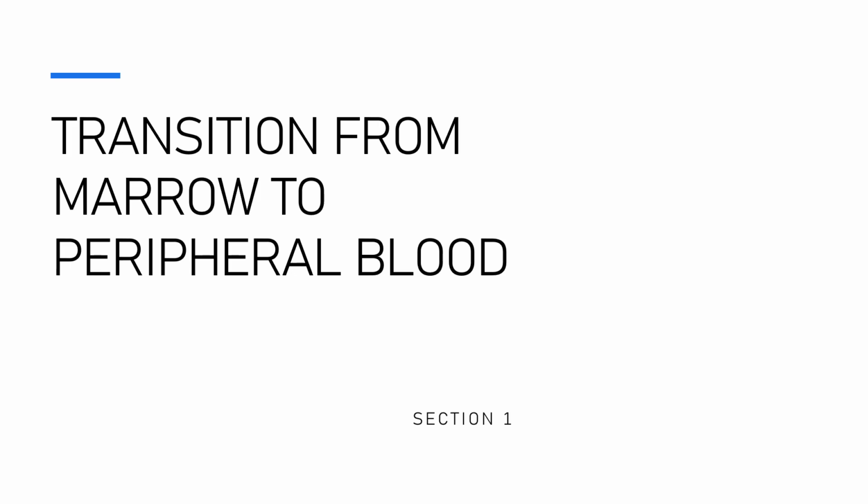But once cells finish maturing in the marrow, they don't just stay there. They enter the circulatory system, and that's where we start to see them on a peripheral blood smear. Now, the focus changes slightly. Instead of asking what stage of maturation is this cell, we start asking what type of mature cell is this? And once we identify the cell type, we ask another important question.